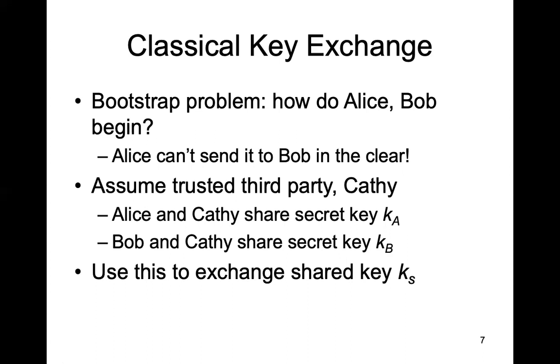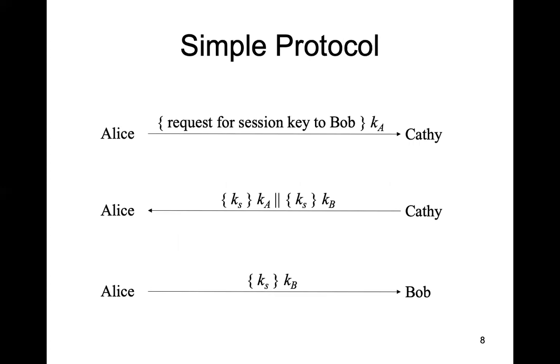This session key is for encrypted communication between Alice and Bob. So let us see how this is going to be possible. Here's a simple protocol. Alice will send a request to Kathy saying, look, I want a session key to communicate to Bob. It could be some message formatted in some pre-specified format, and Alice sends this encrypted with the key KA to Kathy.